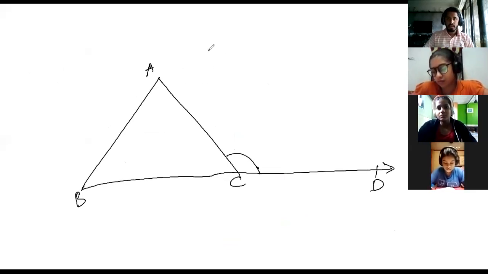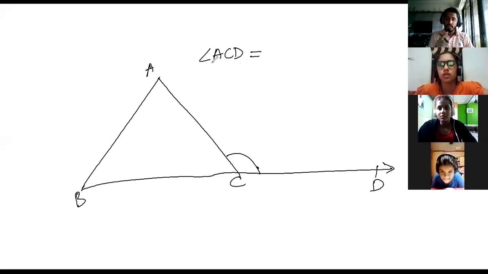Pay attention: angle ACD is equal to the addition, or sum, it's the same thing, of the remote interior angles. Now, what are remote interior angles? Remote.